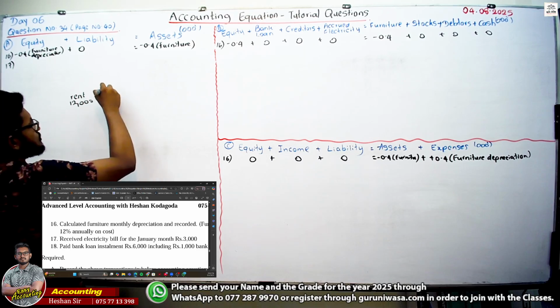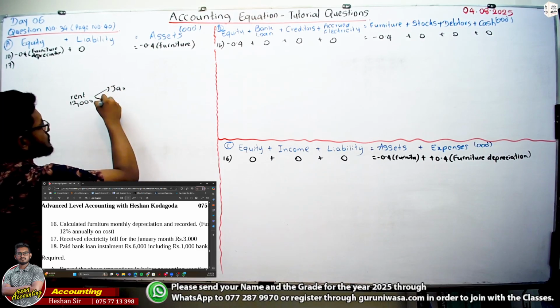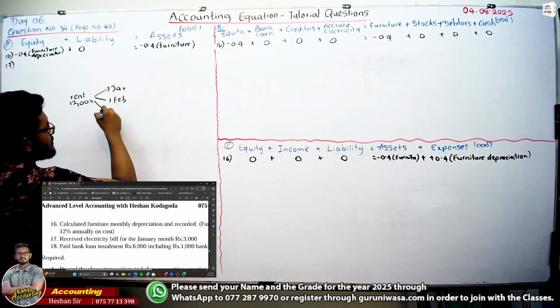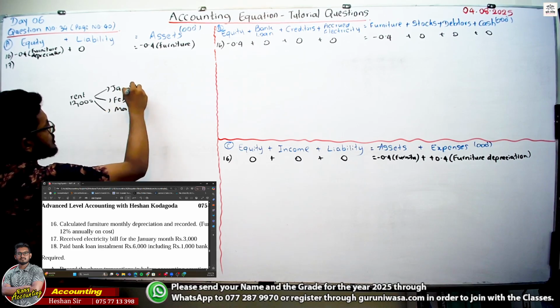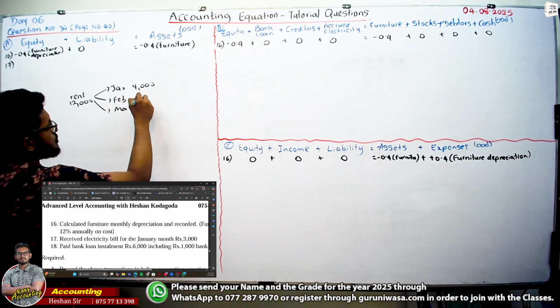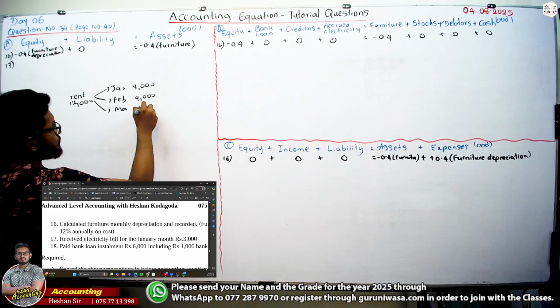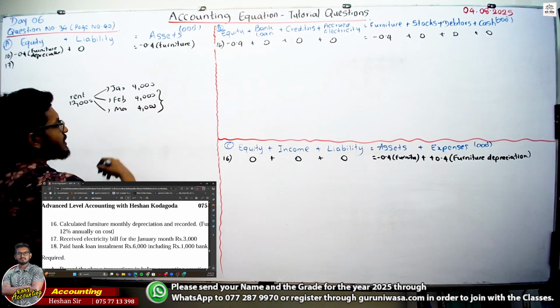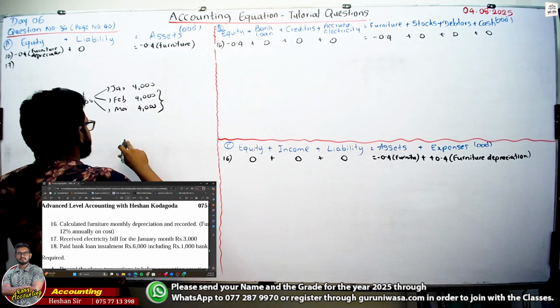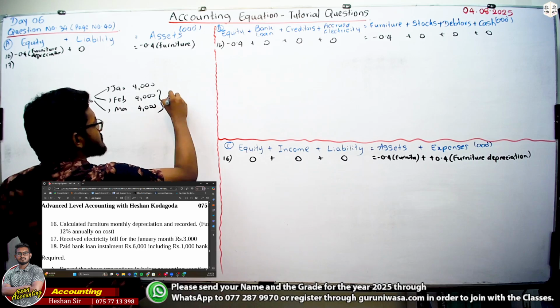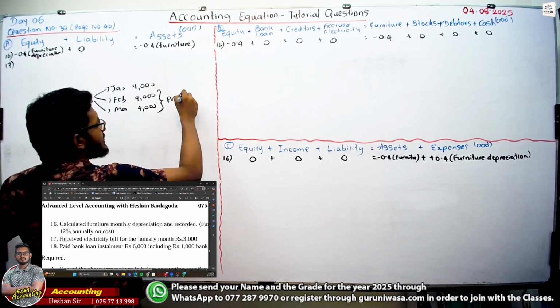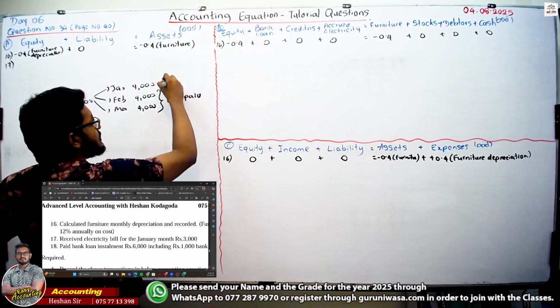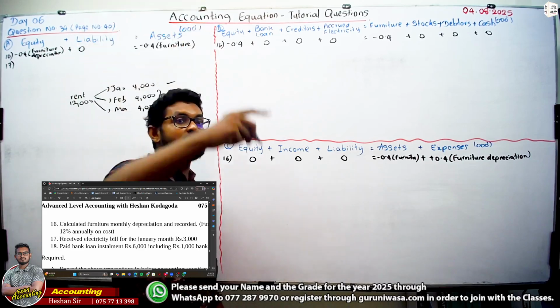This is for Jan, Feb, and March: 4,000, 4,000, 4,000. Out of that, this one is paid for, and the rest is prepaid. We are in the January month. We paid following months' rent.